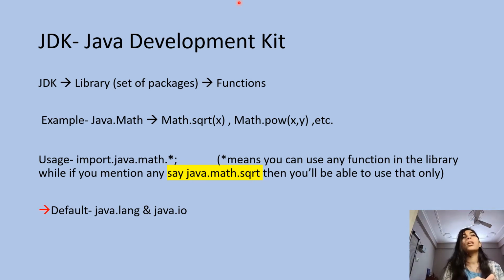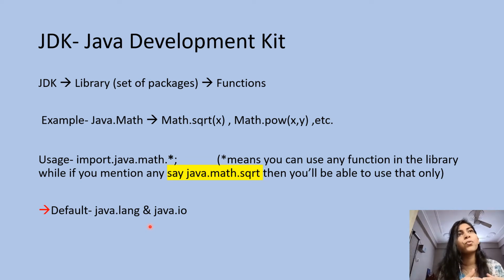Now, there are some default packages too that are already present in Java. Okay, right. So there are some default packages that are already present in Java, which include java.lang, java.io, right? So all the functions under these libraries can be used without adding the library to your program.